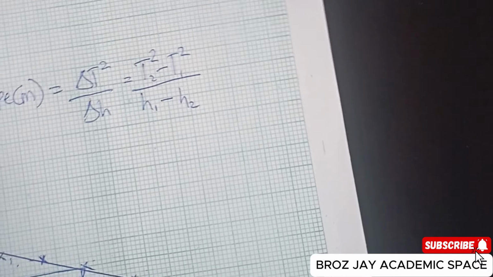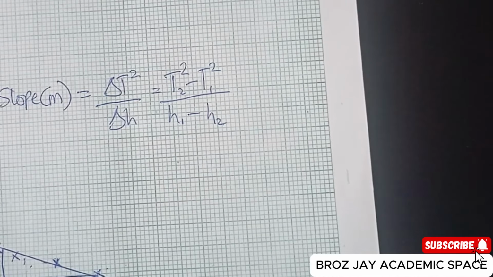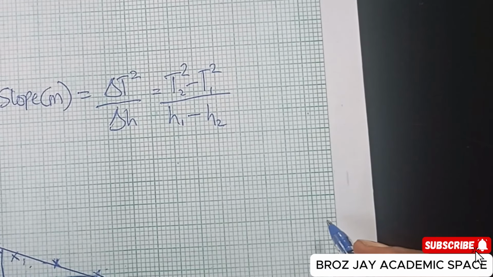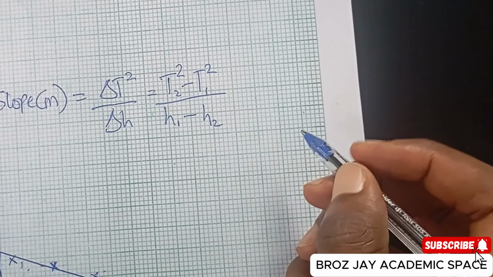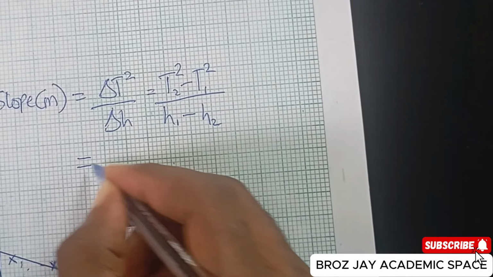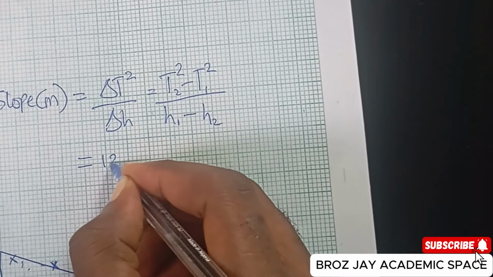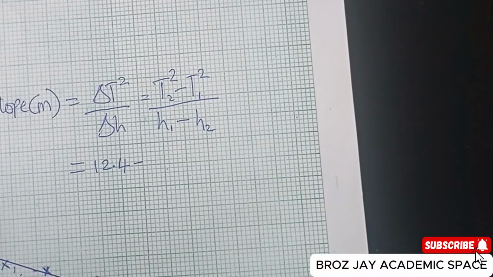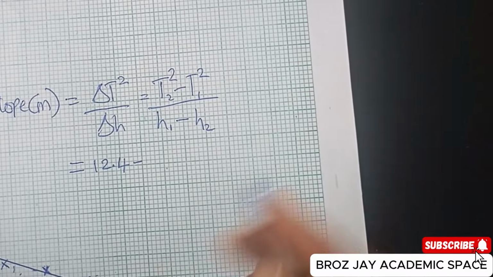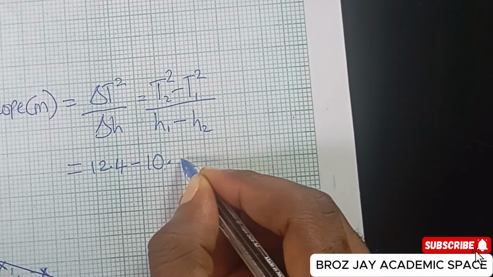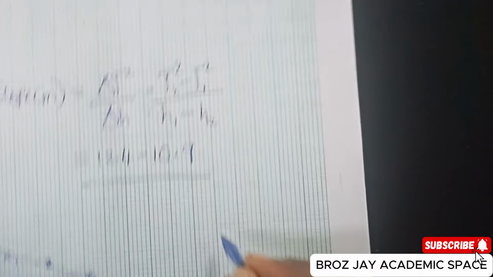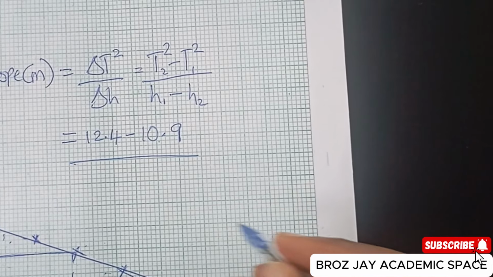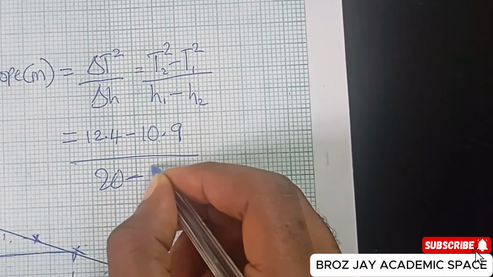So what will be my t square 2? My t square 2 is, let me assume, 12.4. So 12.4 minus, let me assume this is 10.8 or 10.9, let me use 9, divided by 20 minus 60.